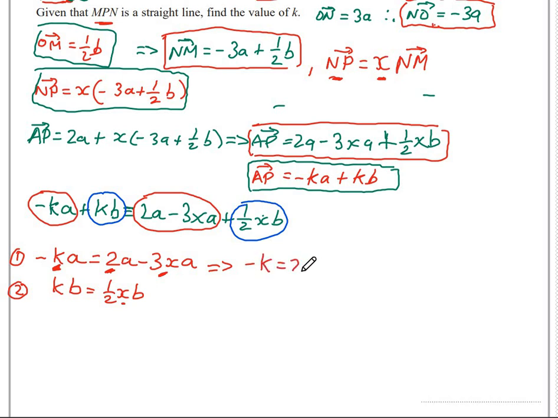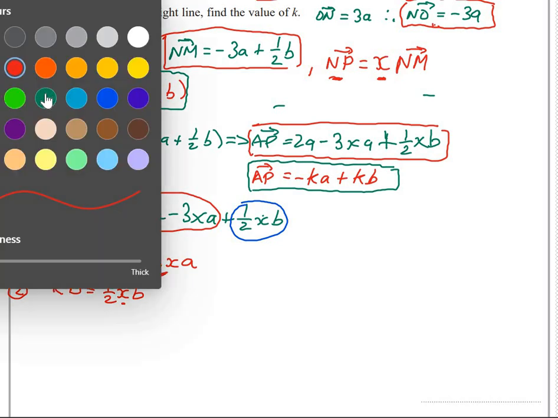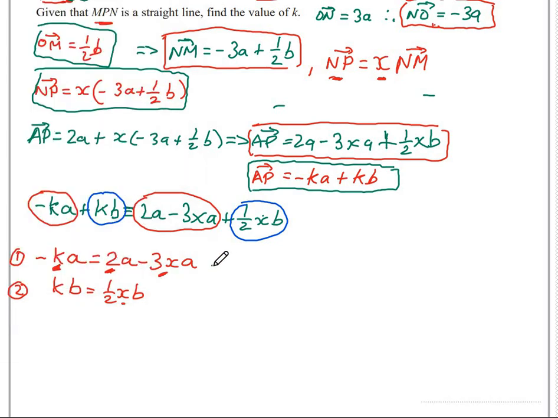Let me show you what I mean. I'm going to factor out the vectors.